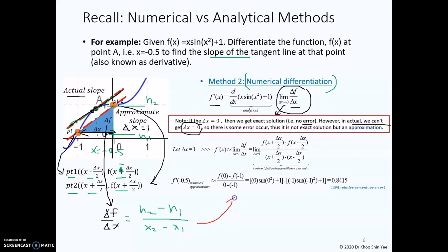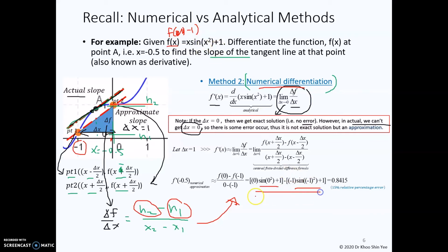By doing this, you are actually performing the numerical differentiation, where the height at point 2 can be computed by substituting x equal to 0 inside this function to give you f0, which is this, minus h1. h1 is the height at point 1, where you can substitute x equal to negative 1 inside this function to compute it.